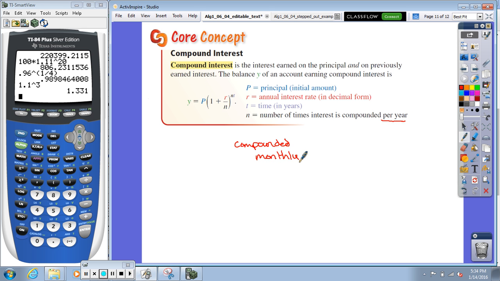Of course, 12, so N would be 12. If it was compounded weekly, how many weeks are in a year? Hopefully you know there are 52, so N is 52. And if it said daily, then N is 365, because that's how many days there are in a year.